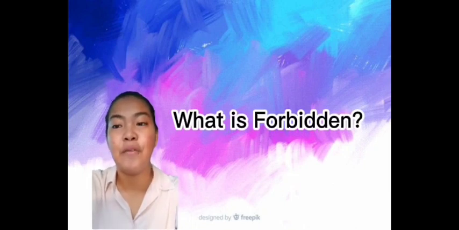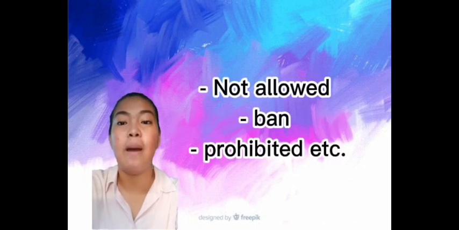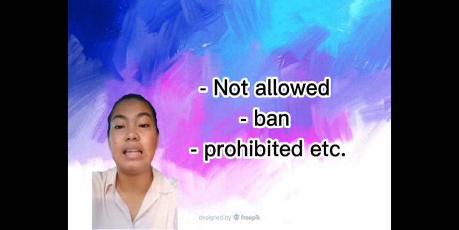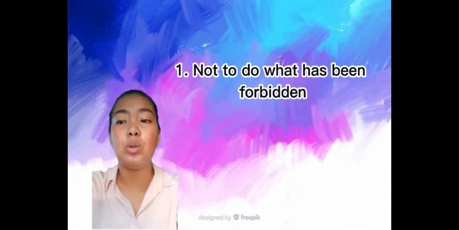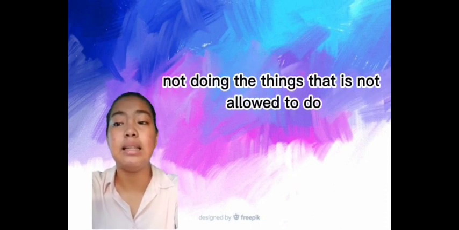Before I explain that case, let me explain first what is forbidden. Forbidden means not allowed, banned, prohibited, and so on. Something that is not allowed. So number one, it says not to do what has been forbidden. For me, that means not doing the things that are not allowed.